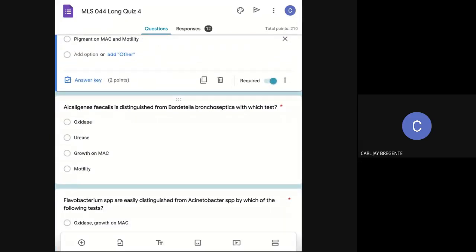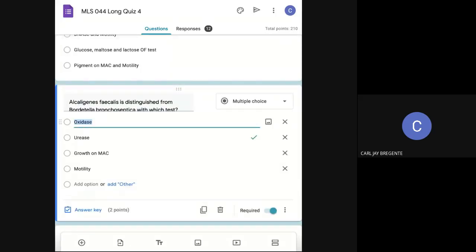Alcaligenes faecalis is distinguished from Bordetella bronchiseptica with which test? That is the urease test. Alcaligenes and Bordetella belong to the same family. Bordetella bronchiseptica is urease positive, while Alcaligenes is urease negative.